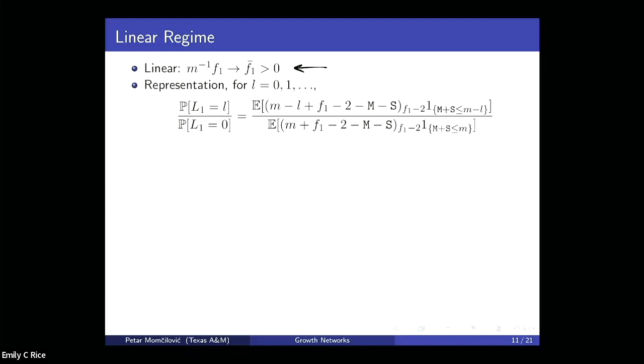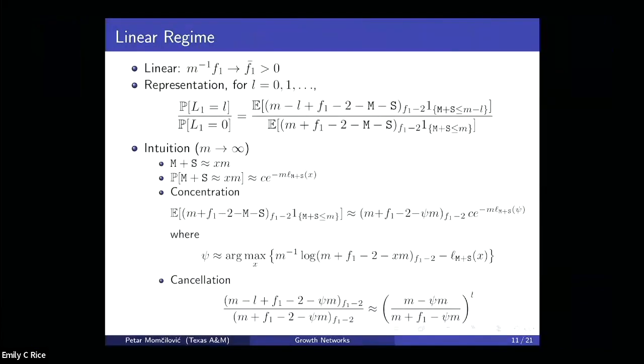Now look what happens in this linear regime. Here's the intuition. If M plus S is some x times m, then the probability that M plus S is around that number is this function here. I'm looking at less than the mean.